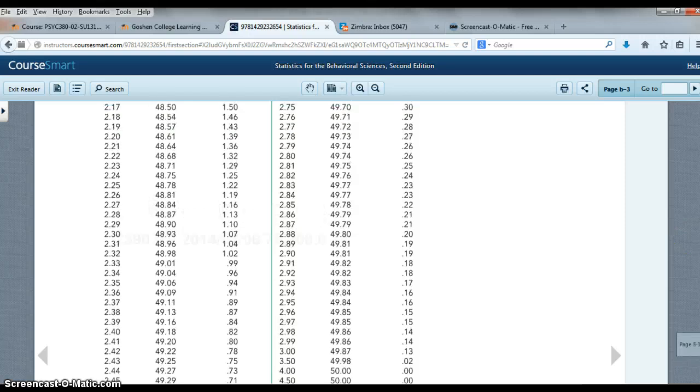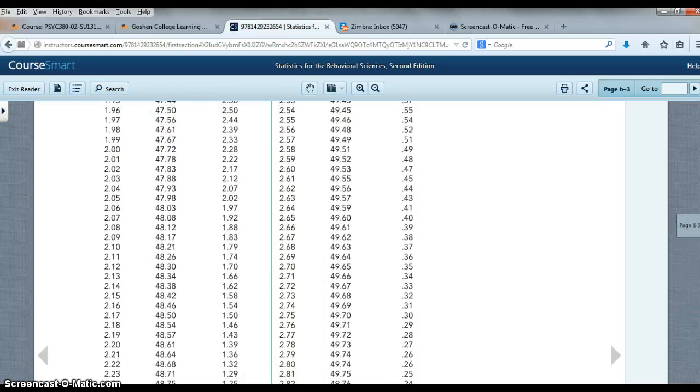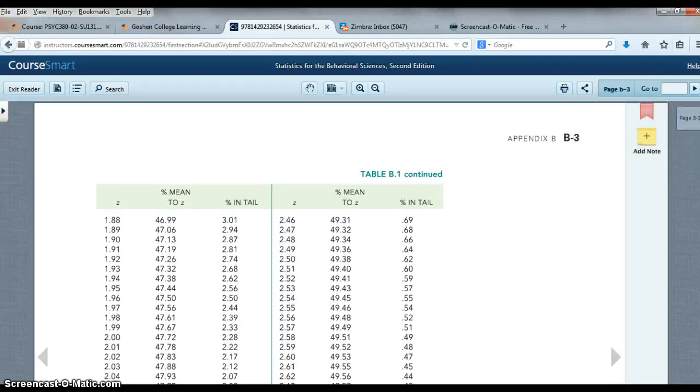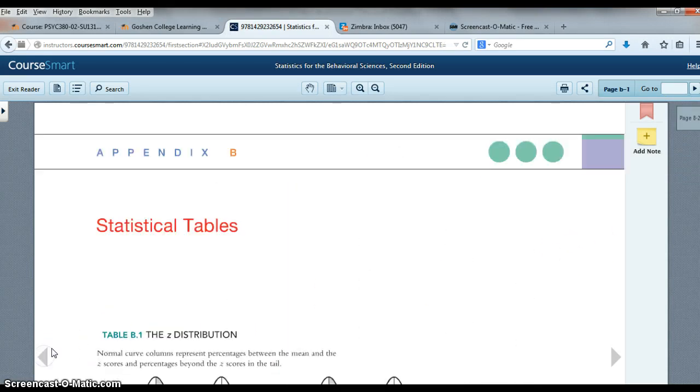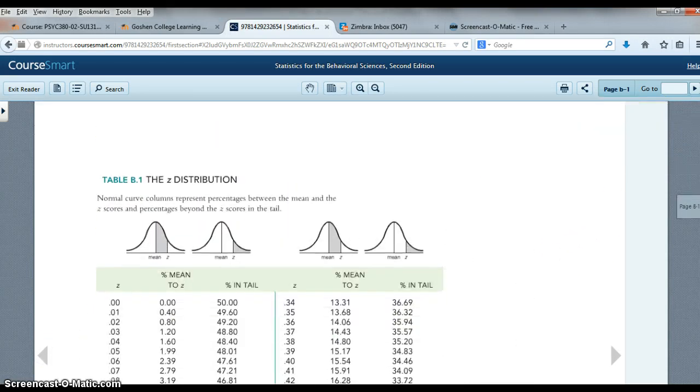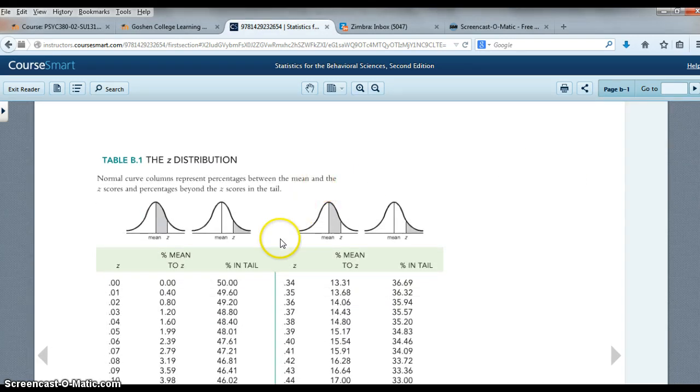And if we said, okay, we want to know what the 70th percentile is. And again, those pictures are only on the first page, but we can come back and look at it real quick. So again, if we wanted to know what the 70th percentile is, we know it's going to be above the mean because it's above 50%. And so we would take 70 and subtract out that 50% that falls below the mean. So we know that what we need then is 20% to fall between the mean and z.